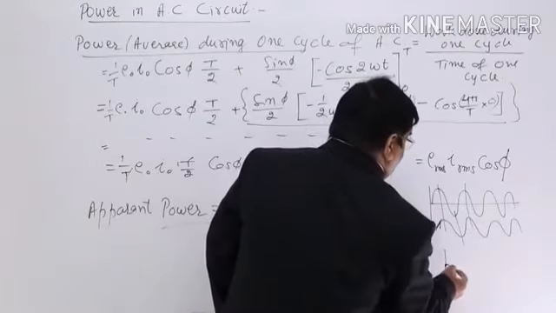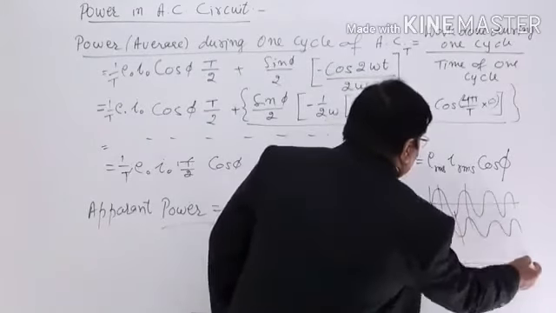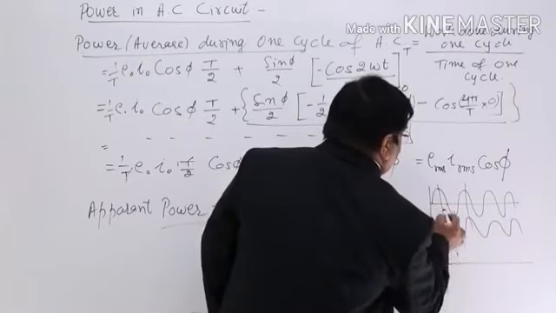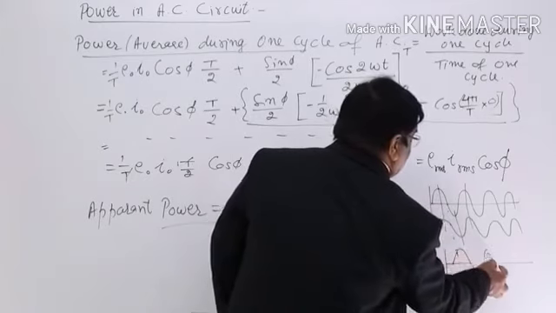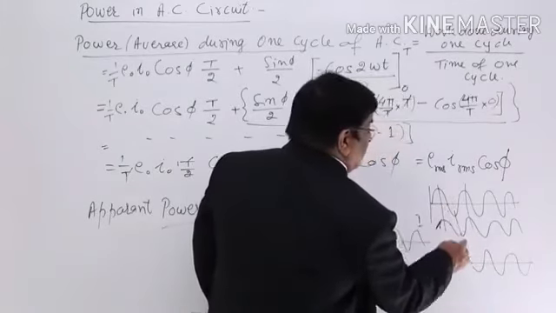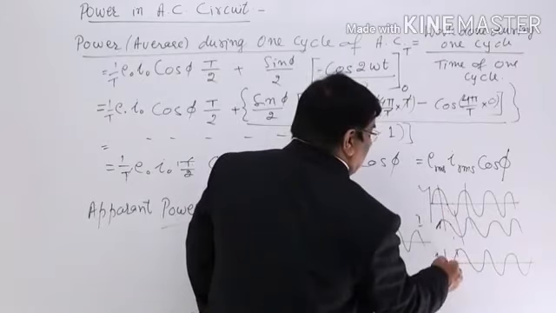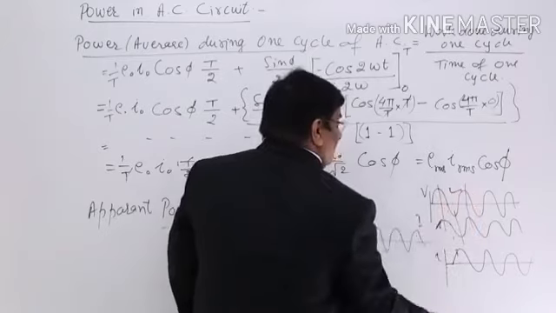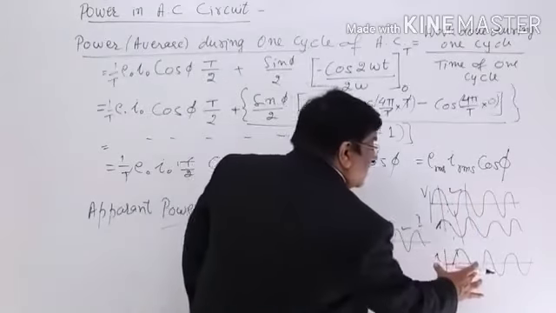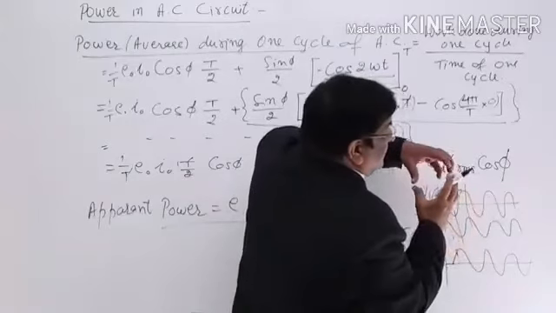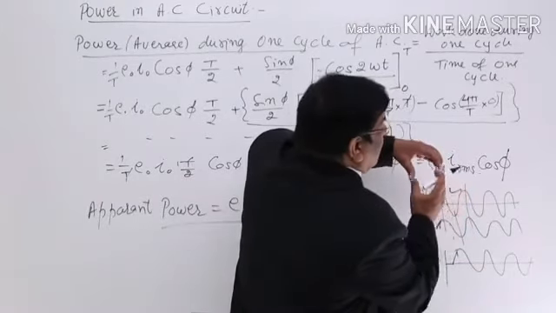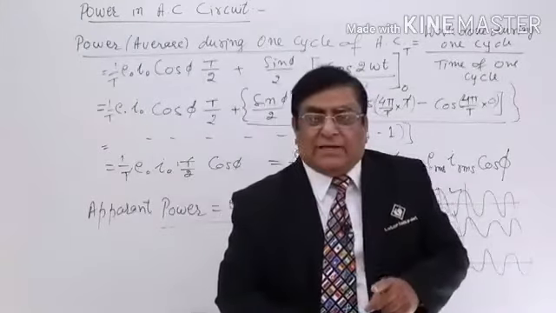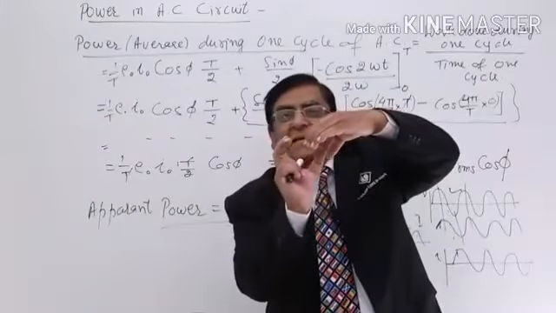But if the current is such that here is the peak and here is the zero, then we see that this is V, this is I, and their multiplication is 0. V is the same, I is the same, but there is a difference in their placement, which means we are making I slightly delayed.